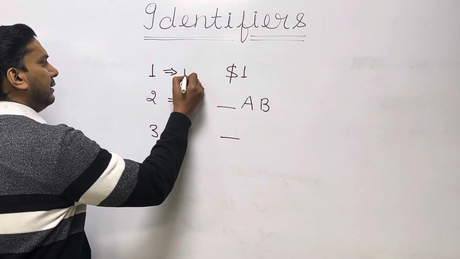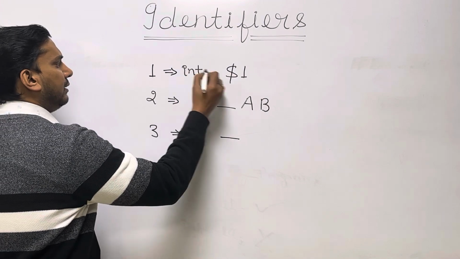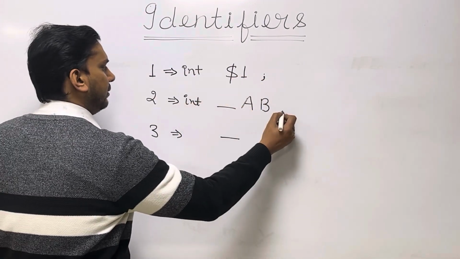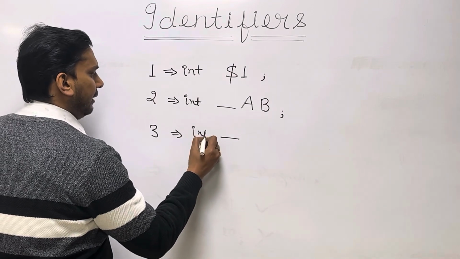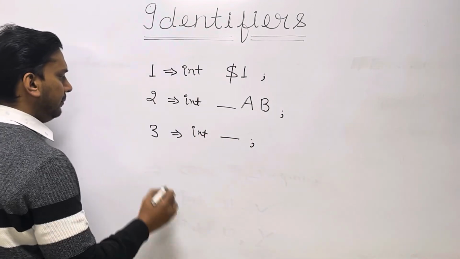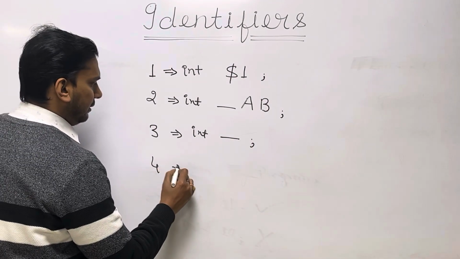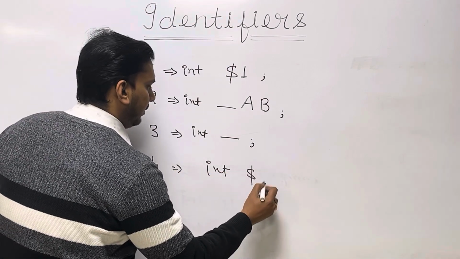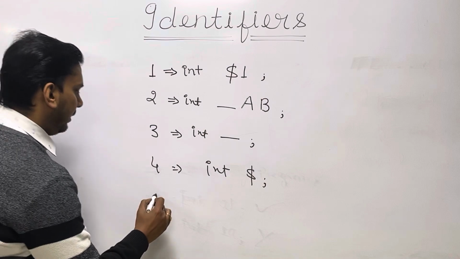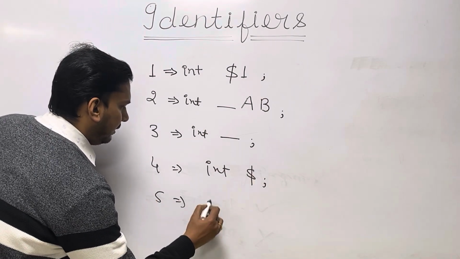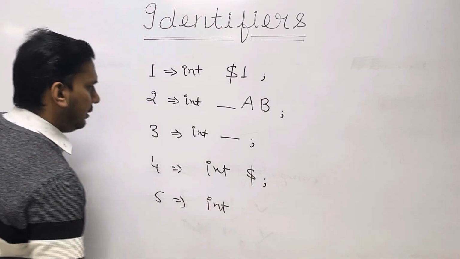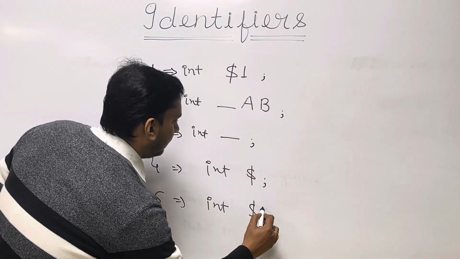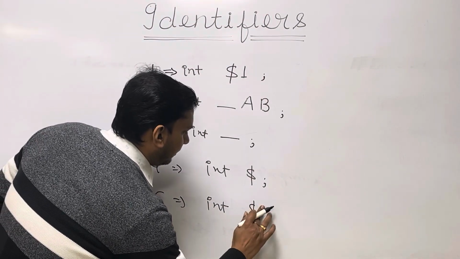So you can create int $1, int underscore ab, int underscore. The fourth one is, what if you create int dollar, and the fifth, int dollar underscore.